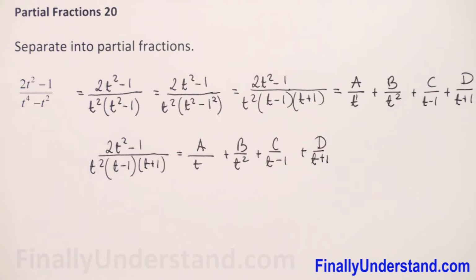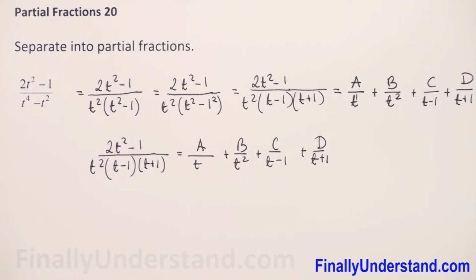And now, first we have to get rid of denominators. How do we do this? We have to multiply both sides of our equation by the lowest common denominator. And what is the lowest common denominator? It is always the denominator of our original fraction.